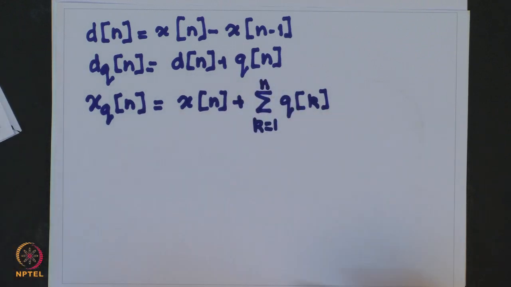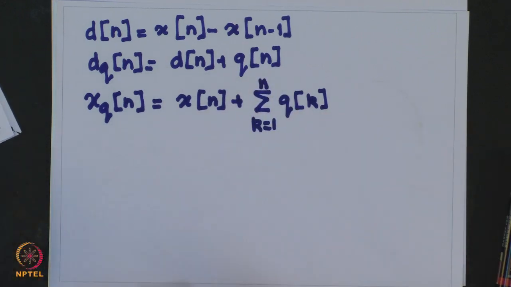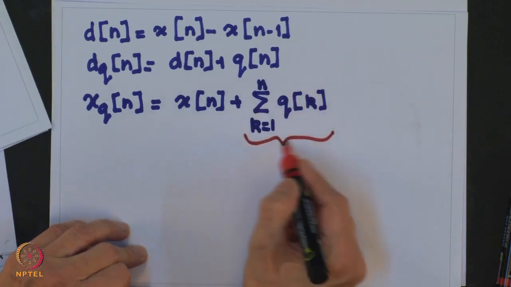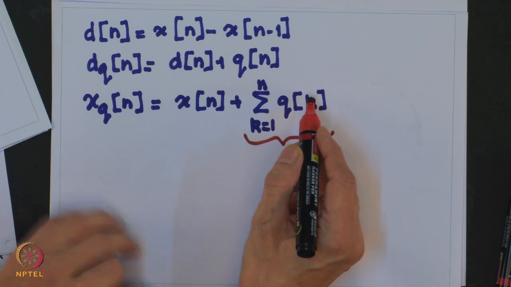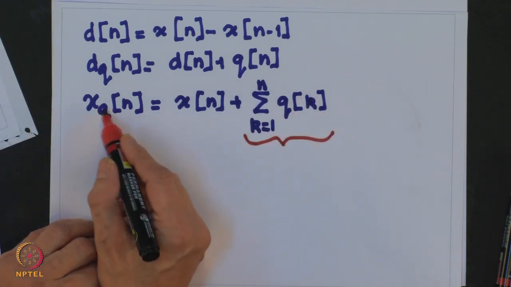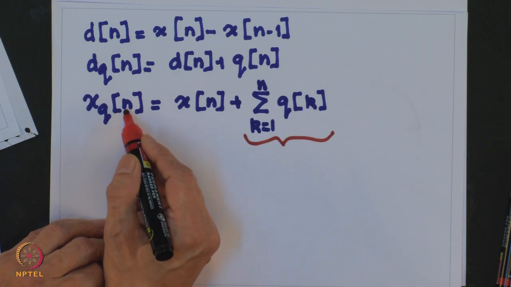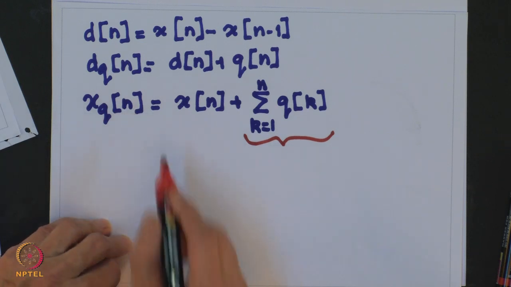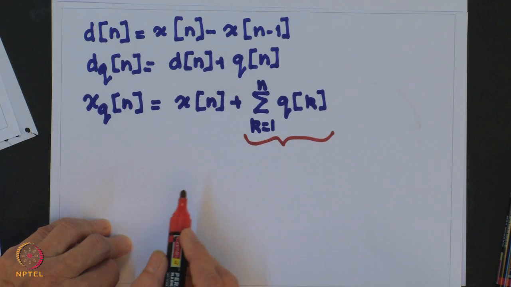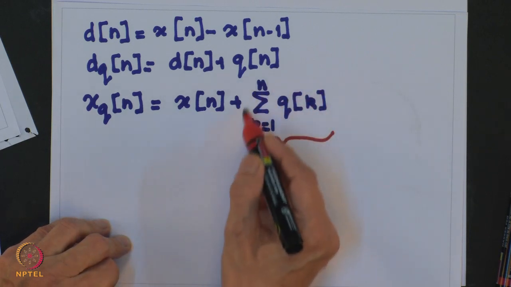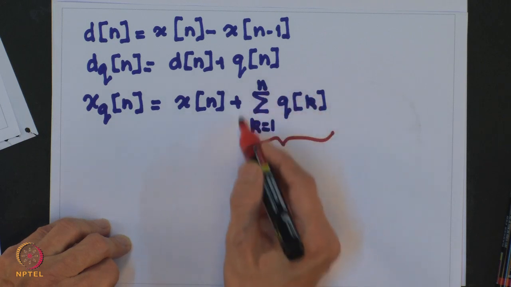So, there is an interesting thing we have got. We see that this is the quantization error which occurs in the reconstruction of the nth sample of the original sequence xn. So, this quantization error accumulates as the process continues.